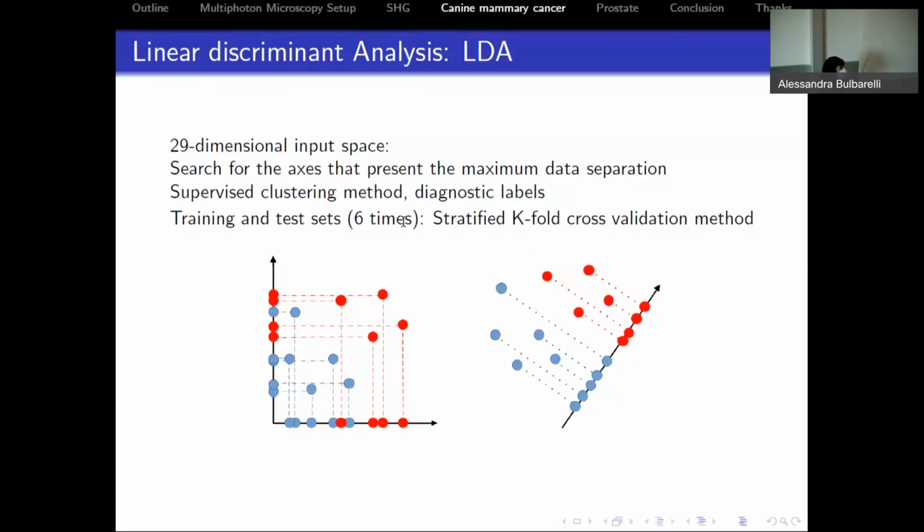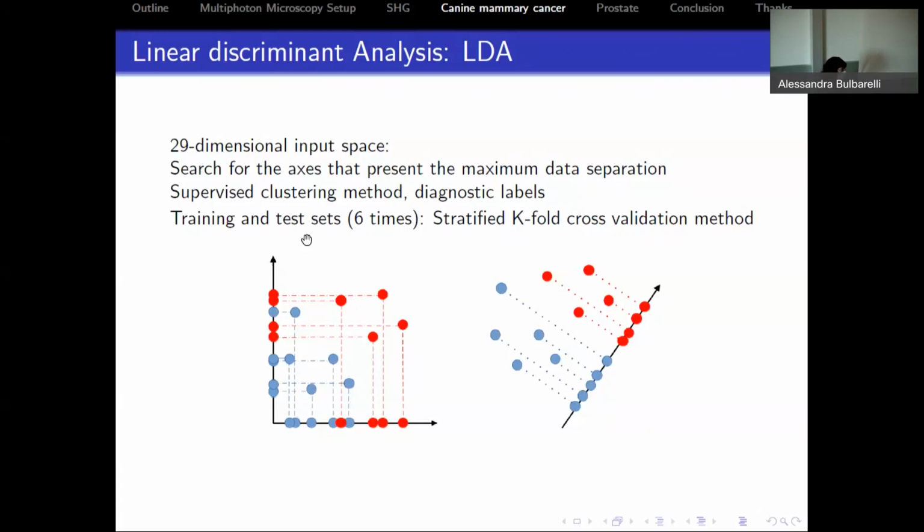So that's the idea of the linear discriminant analysis. It's a supervised clustering method where we use the diagnostic provided by the pathologist as one of the labels for the images.